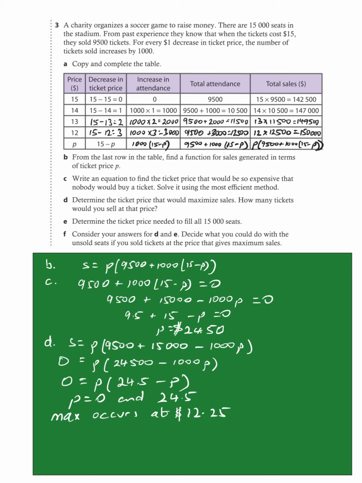So total attendance equals 9,500 plus 1,000 times 15 minus p, which is 9,500 plus 1,000 times 2.75, since 15 minus 12.25 is 2.75.